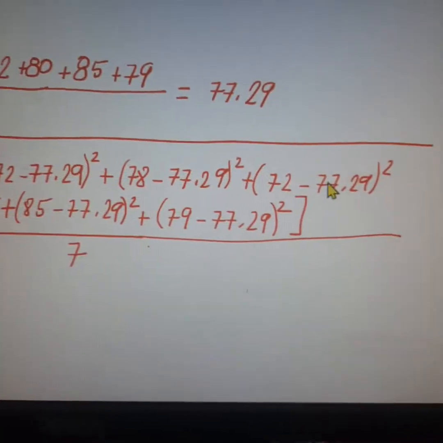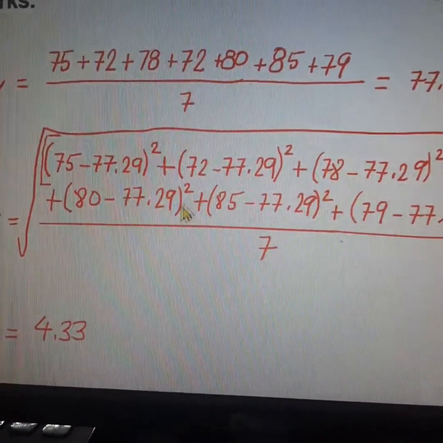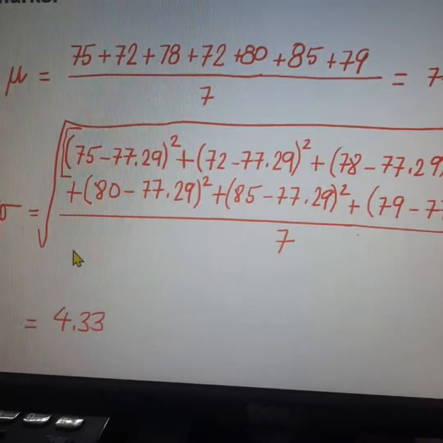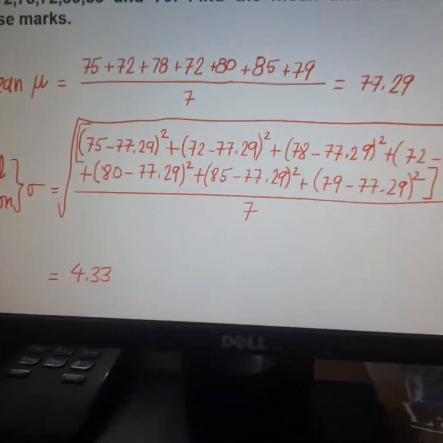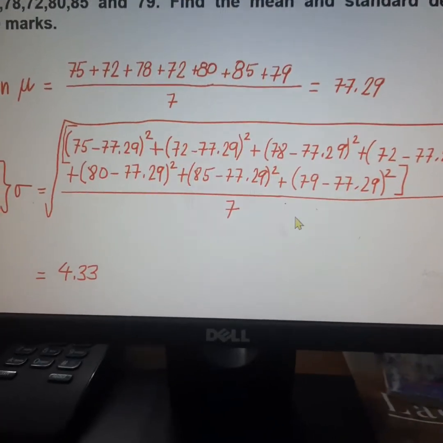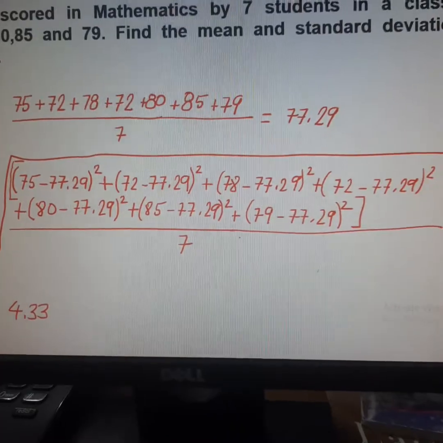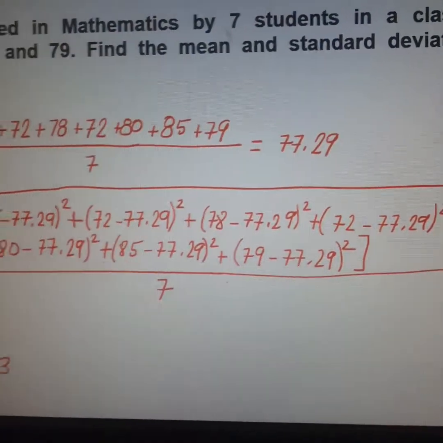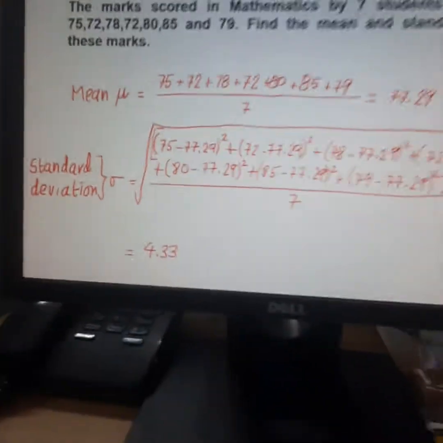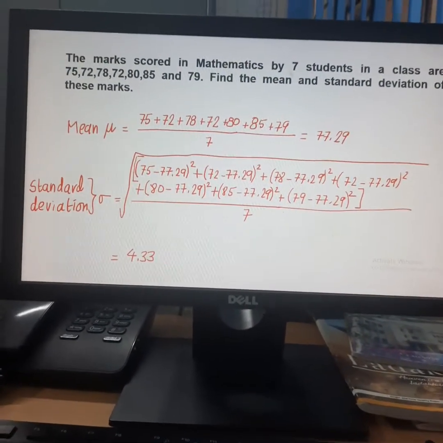Like that we do it for all the 7 marks, add all 7 and divide by 7, and take the square root. That standard deviation value comes to 4.33 for this problem. So the mean of the 7 marks is 77.29 and the standard deviation is 4.33.